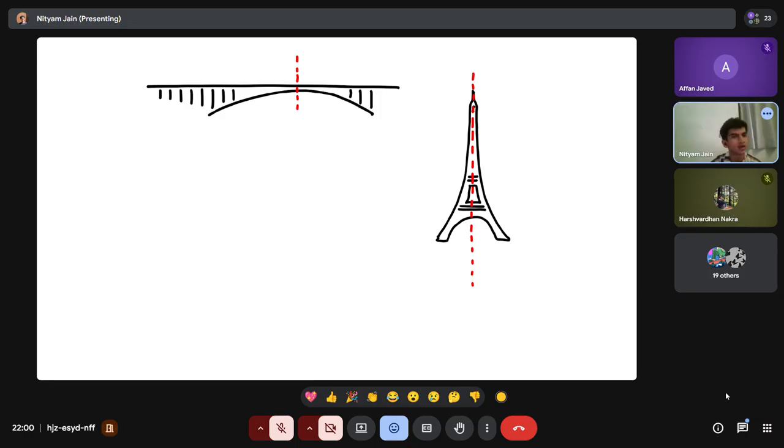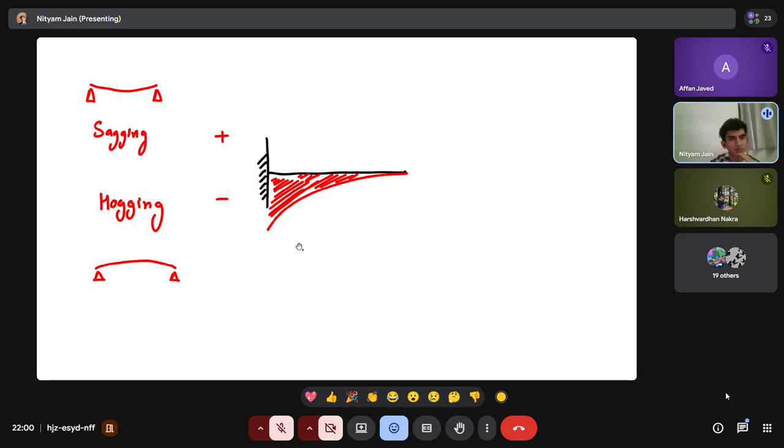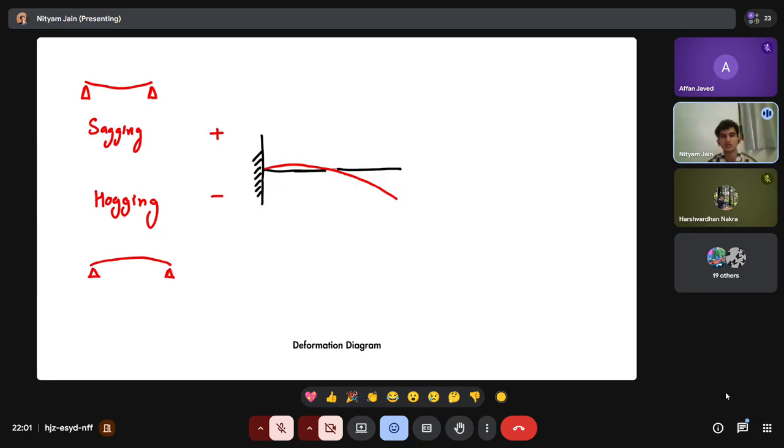If we dissect both of these structures, and we see a normal cantilever beam and its bending moment diagram, it's exactly like this. The plus and minus are just to show it graphically. The plus is when the member sags, and minus is when it hogs. If we imagine the deformation, it would be something like this.